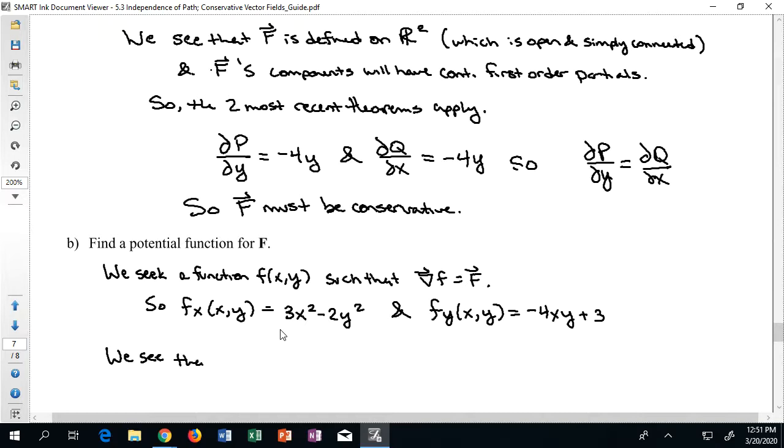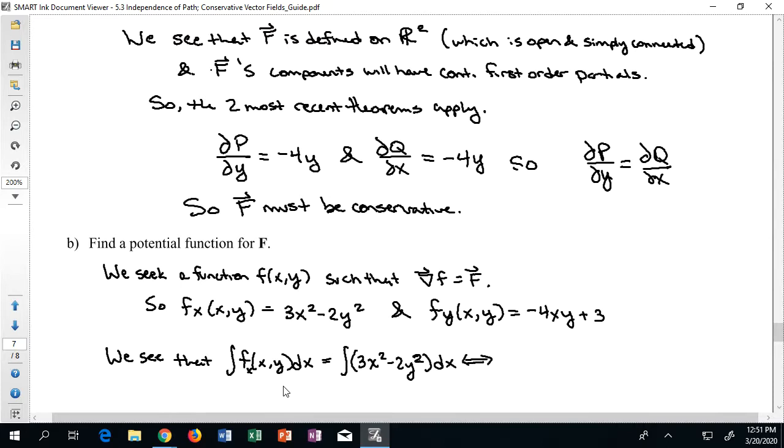So we see that if I was to go ahead and integrate that partial with respect to x, specifically with respect to x, that would be finding an antiderivative of 3x squared minus 2y squared dx. Okay, so that is what I'm going to be looking for.